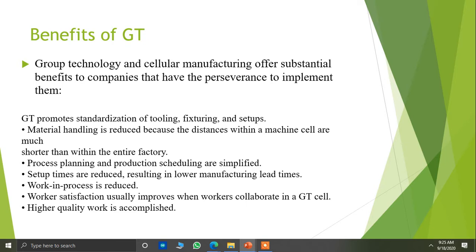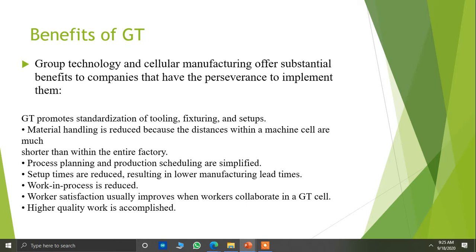I already have 10 things that need to be manufactured by this cell. How much time will it take for the next batch to come in? You can have an estimation, thereby you can make very simplified production planning. But in the previous case, if it is a non-grouped manufacturing layout, the material movement has to take place between multiple machines, so the material movement time will be more.